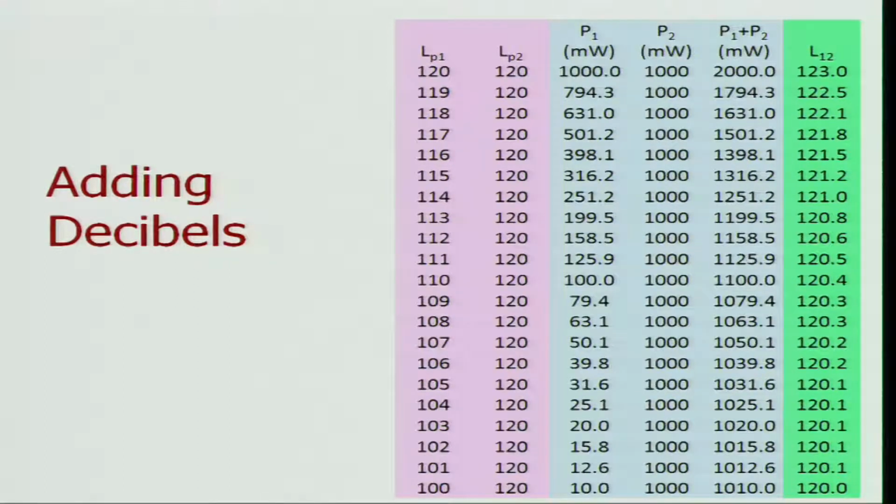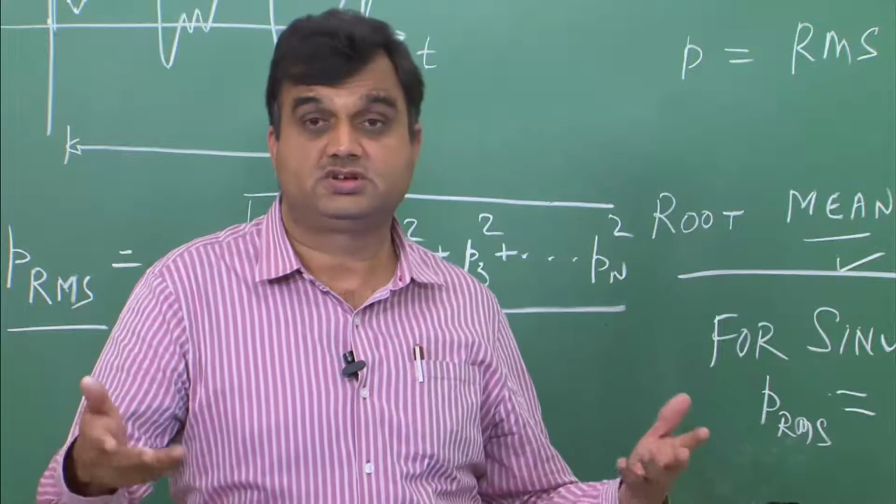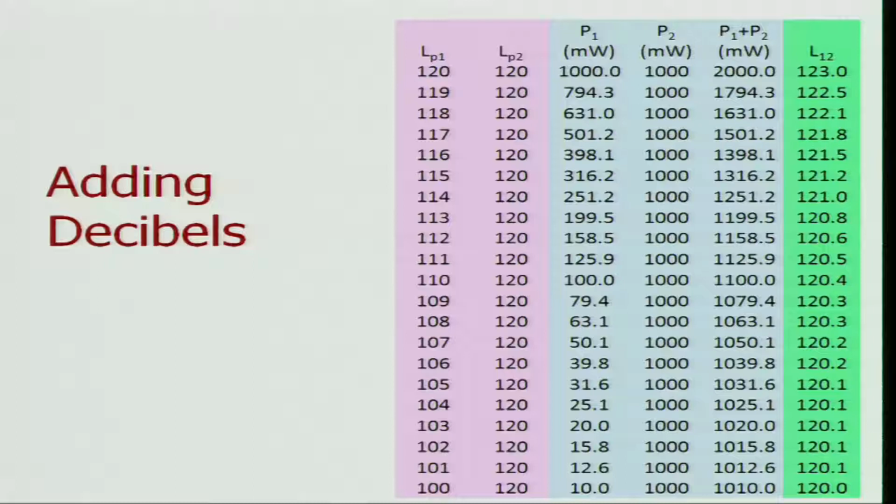Then to add these two up, you calculate the wattage each source is emitting, and that is 1000 milliwatts. The second one is 1000 milliwatts. So the total power flowing into the system is 2000 milliwatts, which makes sense. It is physically consistent. Then you use that 2000 number to calculate the overall decibel level in the room, and that gives you 123 decibels.